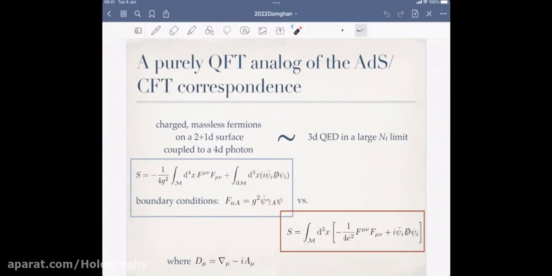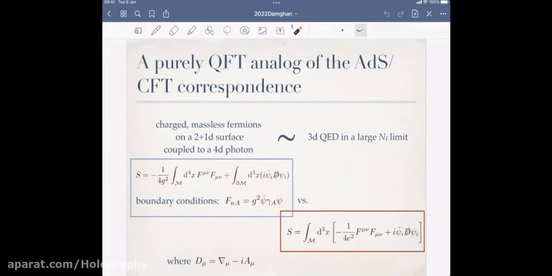So what is it? On one side, we're just going to have a very familiar character, 3-dimensional quantum electrodynamics. It's got a 3-dimensional photon. It's got a 3-dimensional fermion. In fact, it's got N_F of them, so there's a lot of them. And on the other side, what I want to take is a mixed dimensional system, a system with a boundary. There's going to be a bulk 4-dimensional photon, but a boundary 3-dimensional electron.